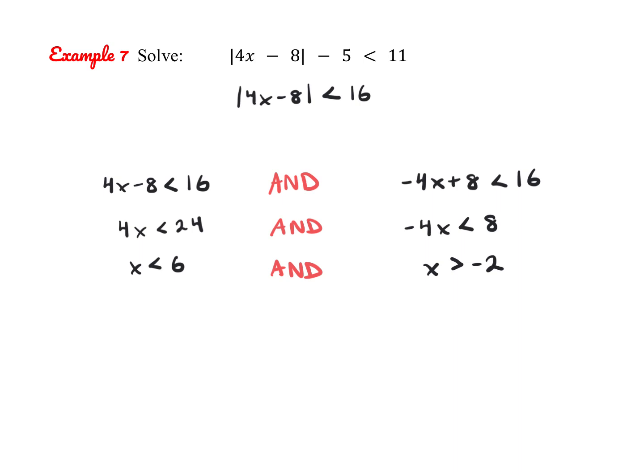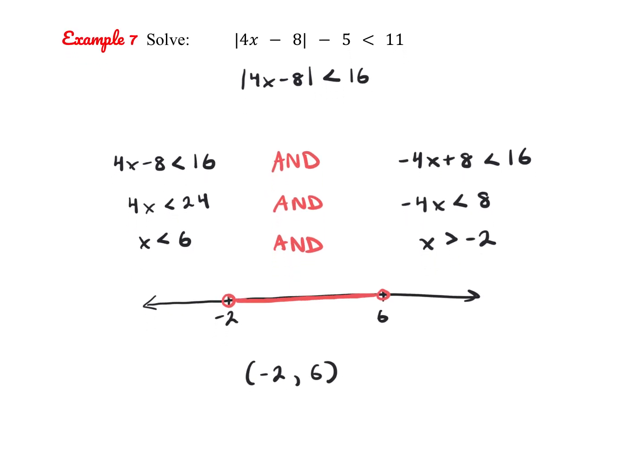If it helps you to visualize this on a number line, here's negative 2, here's 6. Again, we want everything that's less than 6 and greater than negative 2. So it's just going to be those numbers in between. So we have negative 2 to 6, not inclusive, or we can write it algebraically. Negative 2 is less than x is less than 6.